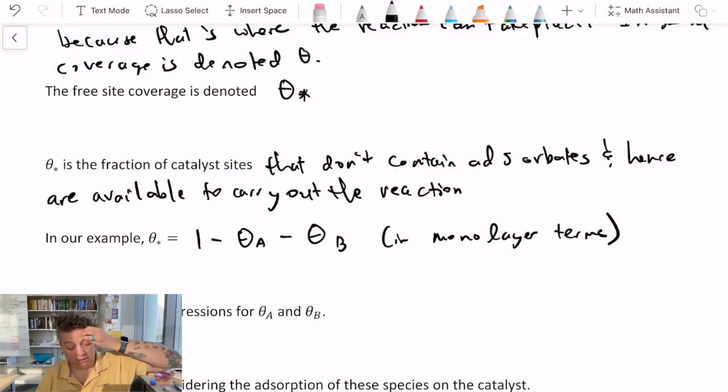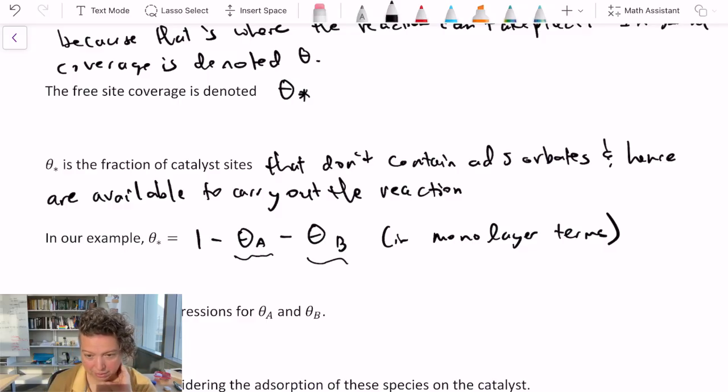And it would be theta star equals theta total minus theta A minus theta B if we were thinking in terms of sites per surface area. But I'm going to use monolayer convention here because it's a little bit easier. So basically, some number of sites could possibly be covered with A, some number of sites could possibly be covered with B. Whatever is left gives me the free site coverage in our example.